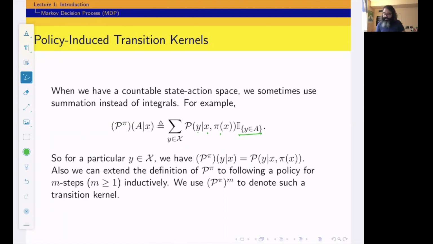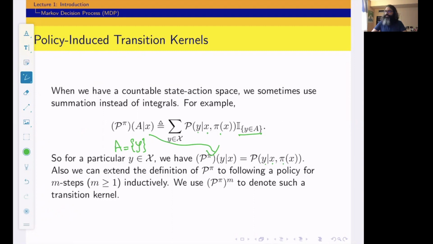Also, if A is a particular choice of state, some y, then of course from here we get that P^π of getting to y conditioned on x can be written as P of y conditioned on x and π(x).